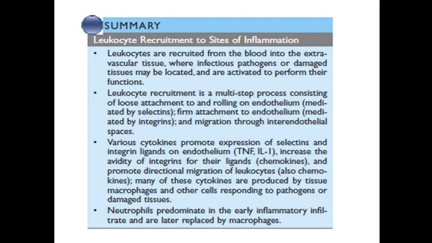Here other molecules come into play, and they are also small cytokines, and they are known as the chemokines. And these chemokines attract the leukocytes toward the invading pathogen or to the site where the dead tissue is lying. And they are known as chemokines because they promote the directional migration of leukocytes towards the site of the tissue injury and towards the site where the pathogen is lying. Now, these cytokines are released by tissue macrophages and other cells, including endothelial cells and leukocytes.